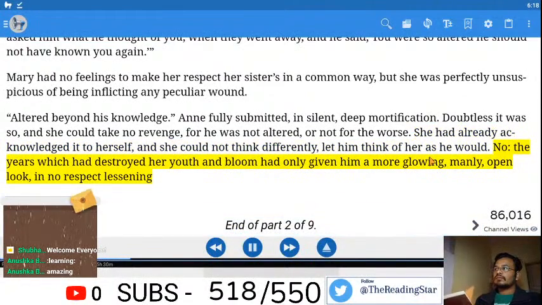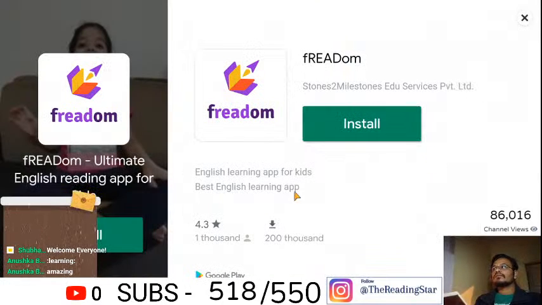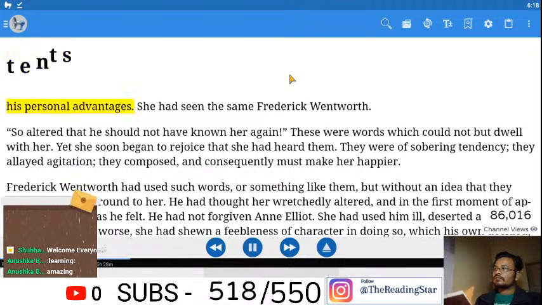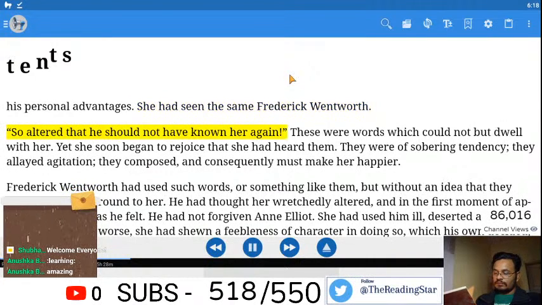No, the years which had destroyed her youth and bloom had only given him a more glowing, manly, open look, in no respect lessening his personal advantages. She had seen the same Frederick Wentworth. So altered that he should not have known her again. These were words which could not but dwell with her.